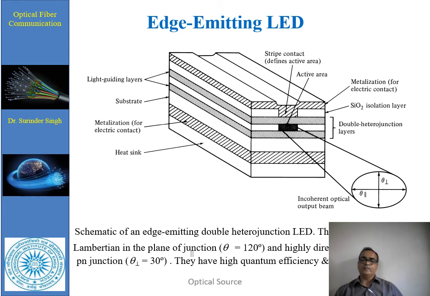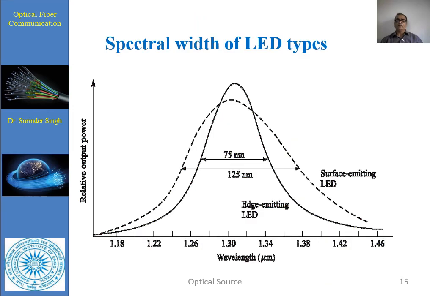High quantum efficiency and fast response can be obtained from this edge emitting type of LED. The directionality of this edge emitting LED is better as compared to the surface emitting LED.